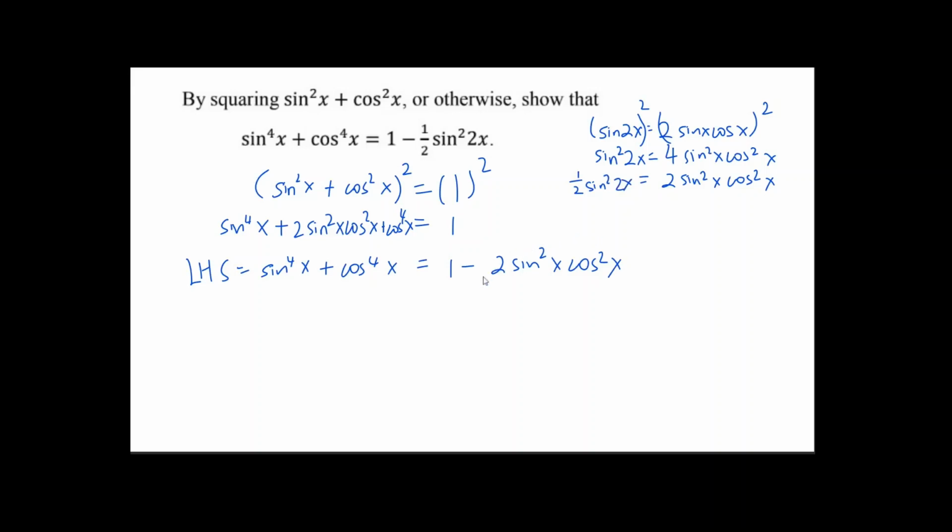Now we can replace this 2 sin^2 x cos^2 x with 1/2 sin^2 2x, and there you have what we need to prove on the right-hand side. So we have proved this trigo identity.